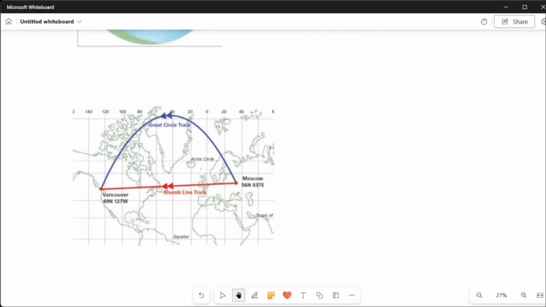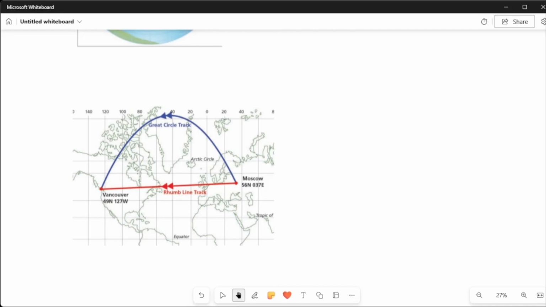The equator is the only line on the surface of the earth that is both a great circle as well as a rhumb line. Meridians are semi-great circles and rhumb lines since they all have constant direction, that is 0 degrees.